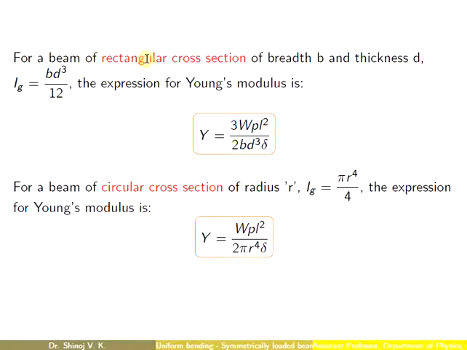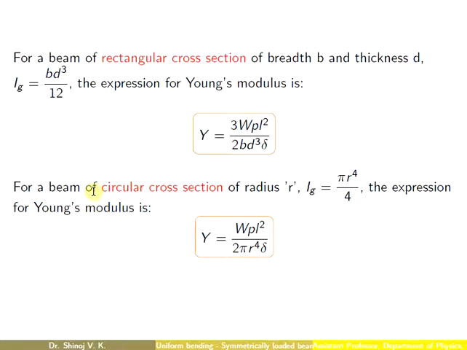So now for a beam of rectangular cross section of breadth B and thickness D, the Ig value is B D cubed by 12. Now the expression for Young's modulus will be Y is equal to 3 W P L squared divided by 2 B D cubed into delta. So this one you have in your lab, you need to do these particular things, because our beam is of rectangular cross section. So you need to derive the expression for Young's modulus for a beam of rectangular cross section.